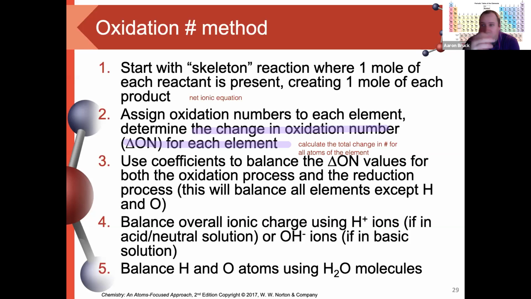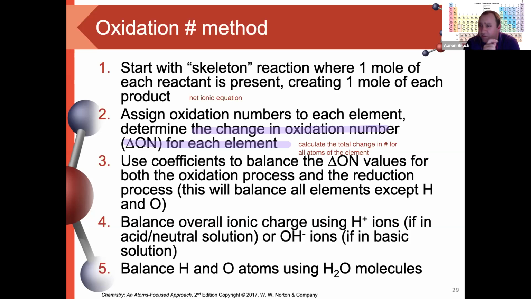And so there can't be any electrons left over in either direction. I can't have a reduction that requires 9 electrons if the oxidized species only gives up 5. I'm going to have to balance that out in some kind of way. And so coefficients are going to be the thing that ultimately does that.